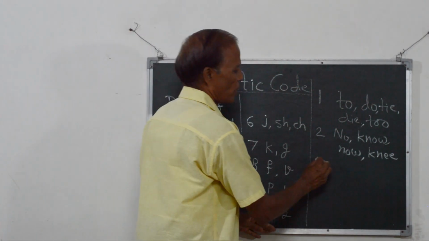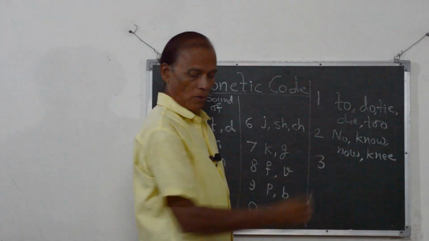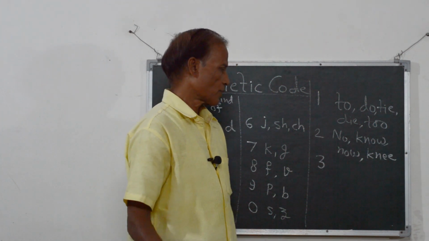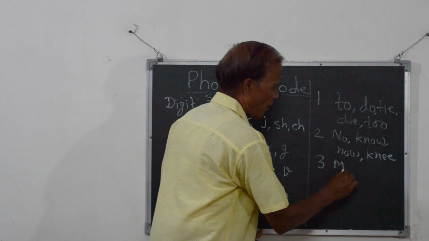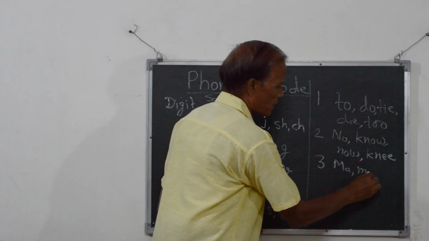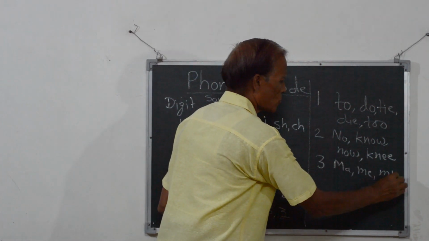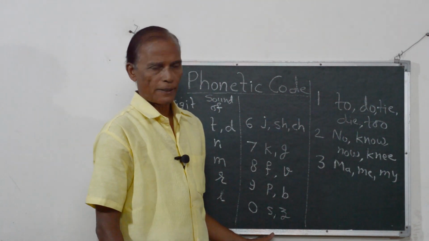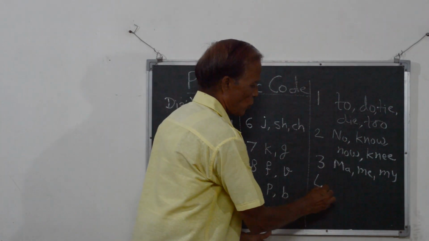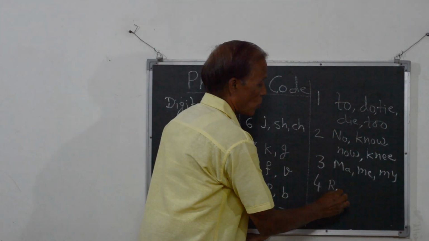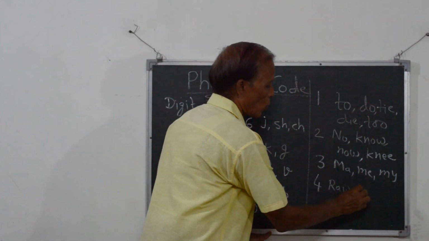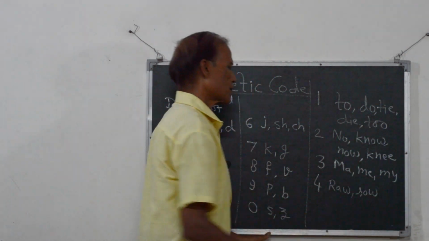Then for 3, we can again use different words, ma, me, my, and so many other words can be done. For 4, you say raw, row, like that.